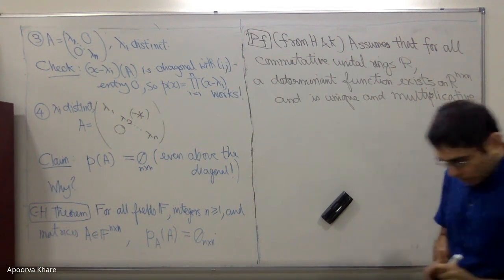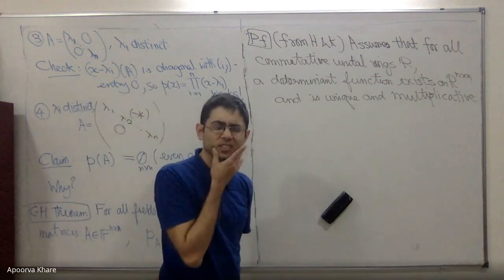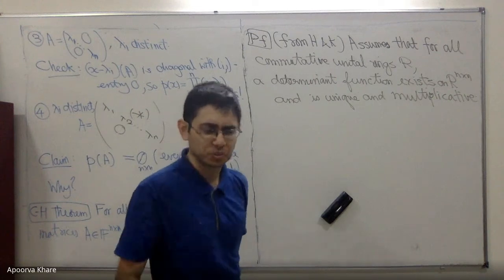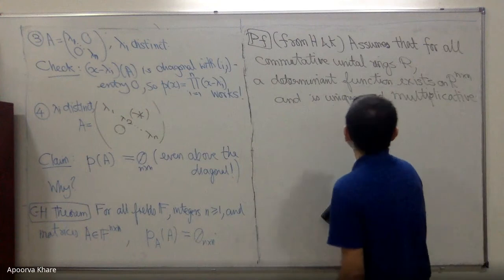Okay, so I will not even need uniqueness. Well, no, let's say it's unique. Unique is good. So at least every matrix has a unique determinant. Okay, great. So now what do I do?